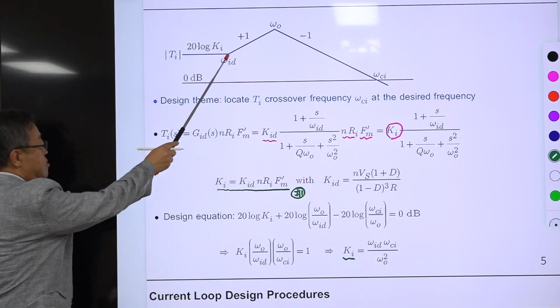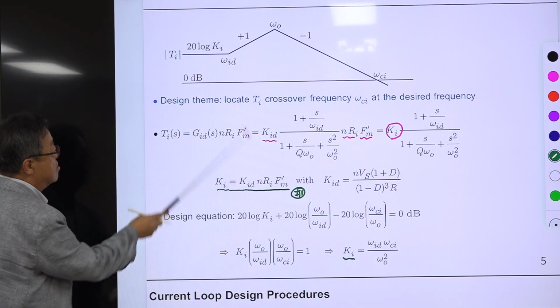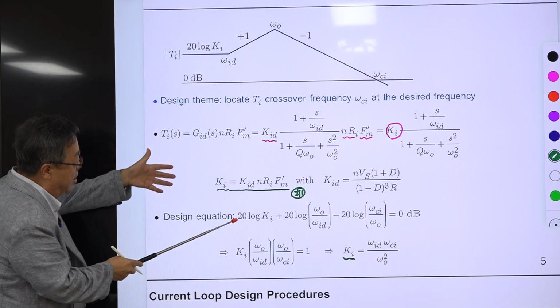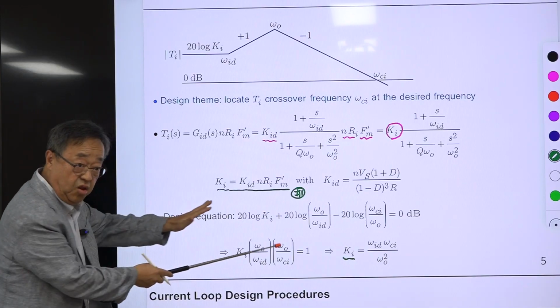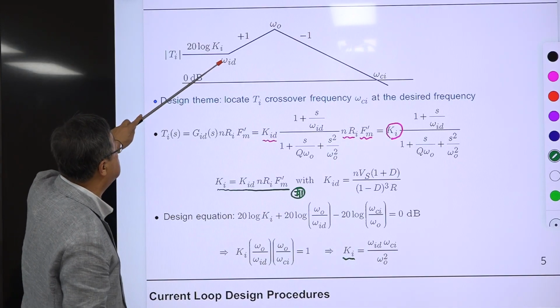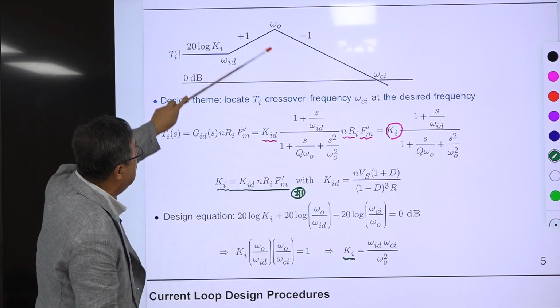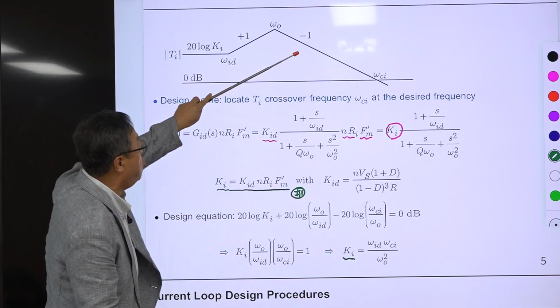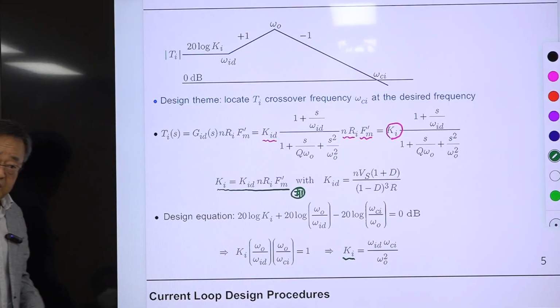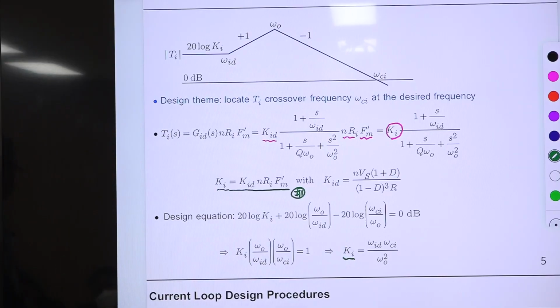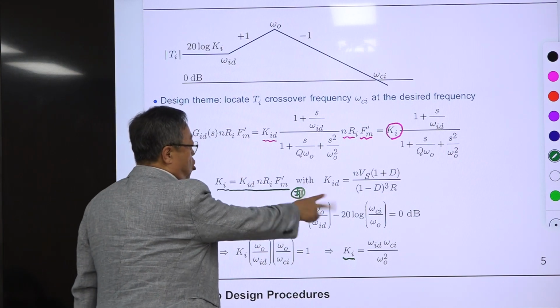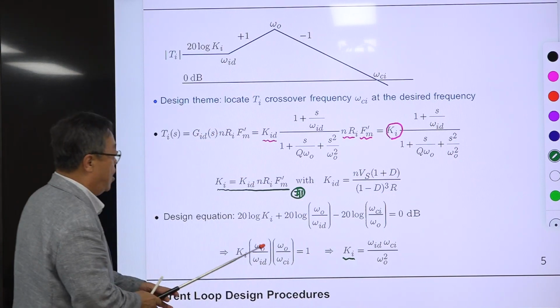Then start from here. So this is a log scale. So we have multiplication, then we are adding things in log scale. So from here to there, the slope is 20 log something. And from here to there, the slope is minus 20 dB per decade. Then you swap the numerator and the denominator.